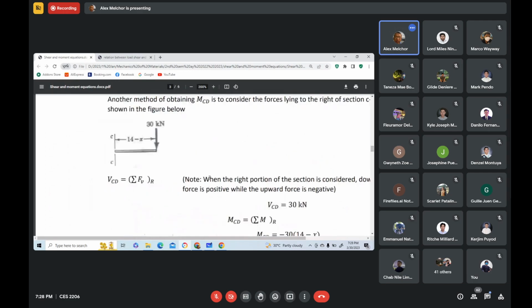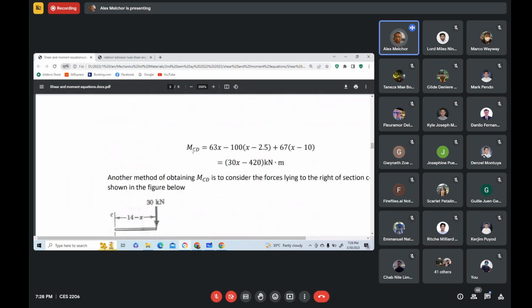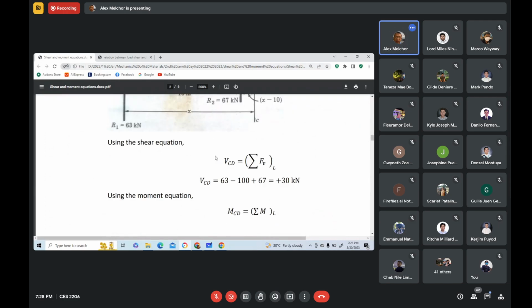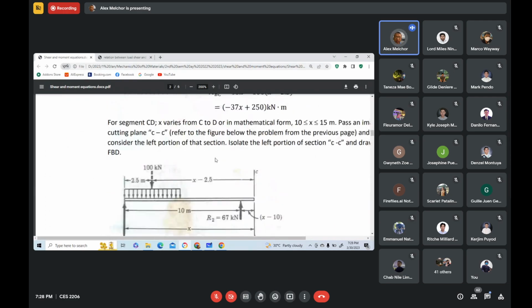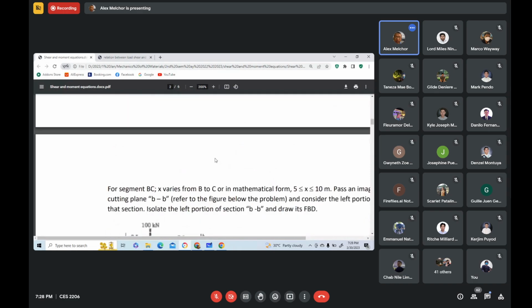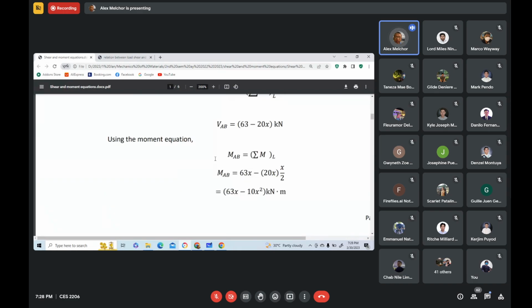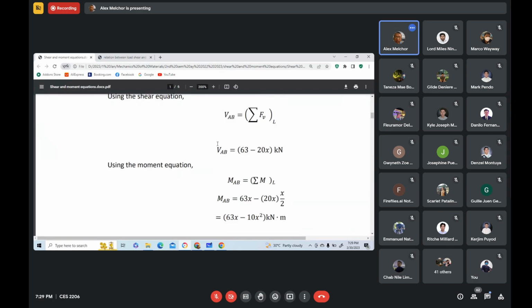And we have here the shear equation for segment AB and moment equation for segment AB.